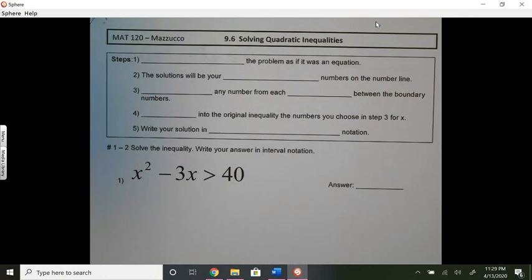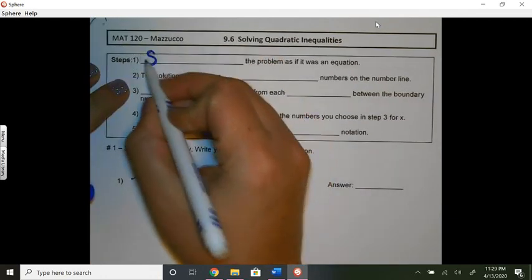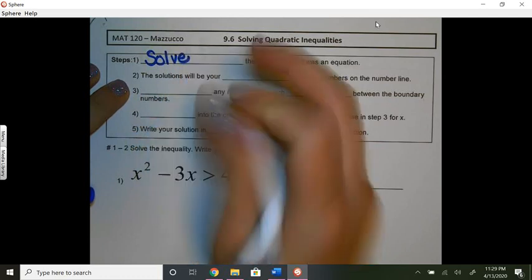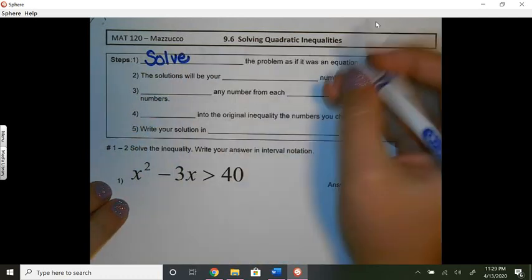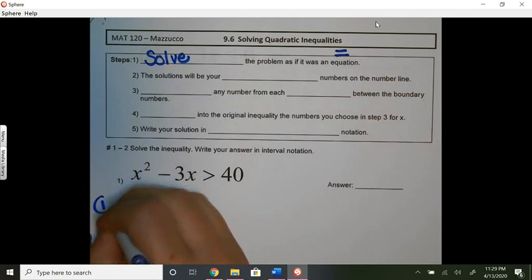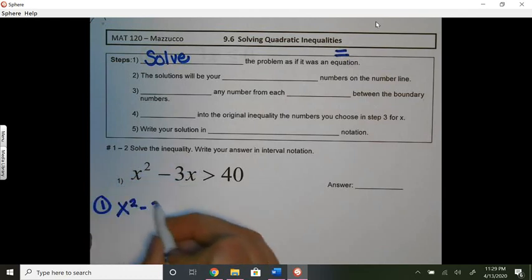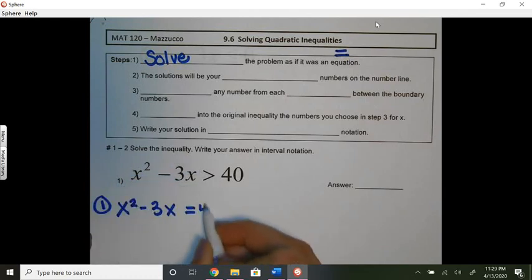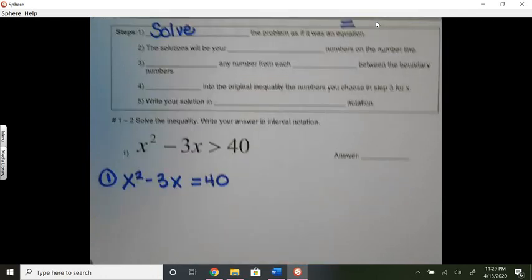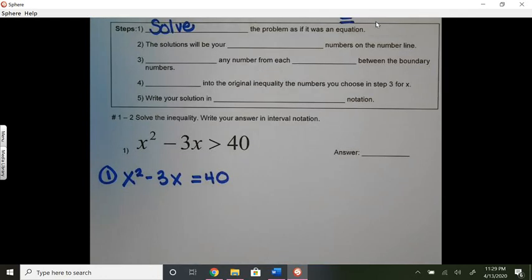So the very first step, step 1, is you are going to solve the problem as if it was an equation. So step 1, you're going to get rid of the inequality and solve this problem instead. We'll talk about why in a moment.